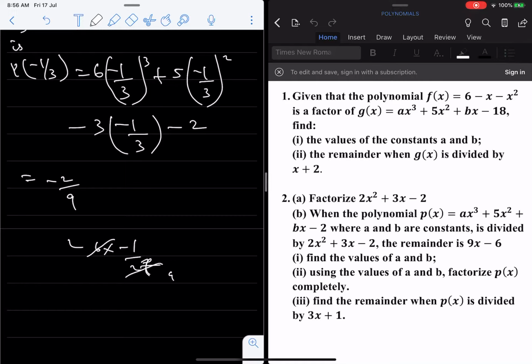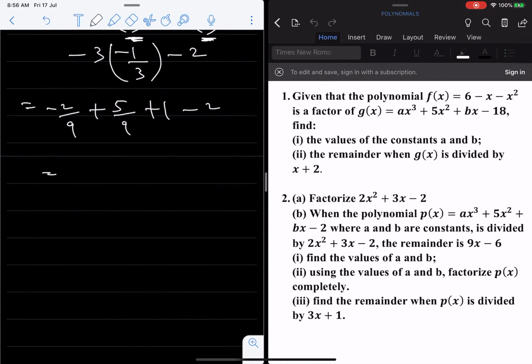That's clear, minus 1 over 3 cubed is minus 1 over 27. When you multiply that by 6, you get minus 2 over 9. And this becomes minus 1 over 3 squared is 1 over 9 times 5, that's going to be 5 over 9. Minus 3 times minus 1 over 3 is plus 1, minus 2.